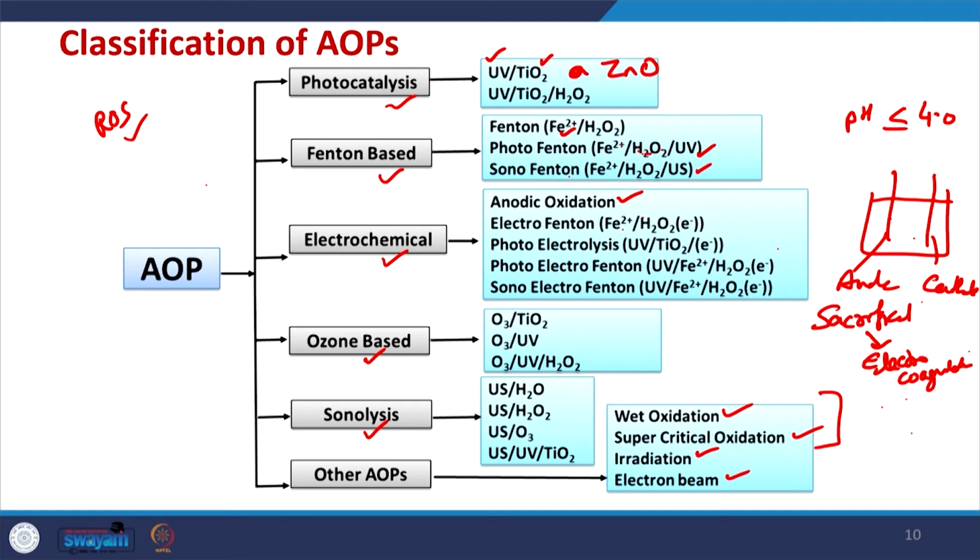So, this is possible. Similarly, gases get generated during the treatment at both anode and cathode. These gases may take the organic compounds present in the water to the surface, so electroflotation may also work.